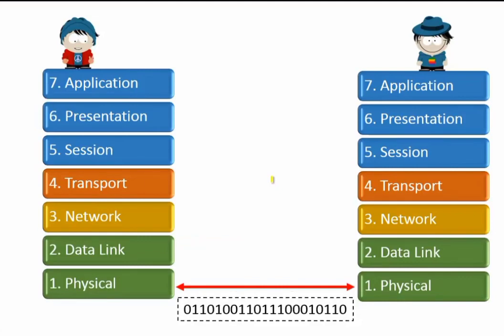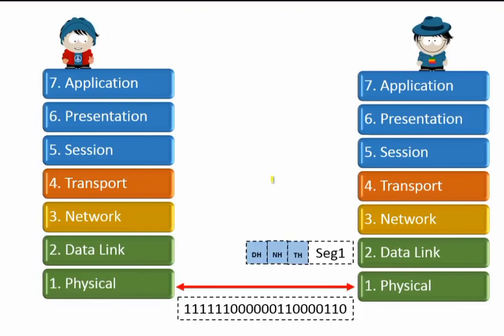By that time, the physical layer of the destination device would have taken those bits and converted them into segments with the appropriate headers. What the receiving layers will do is strip the headers of the corresponding layers from the source. The data link layer will remove the data link header and give that information to the network layer.